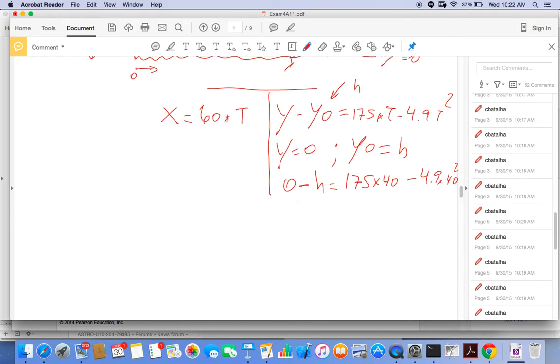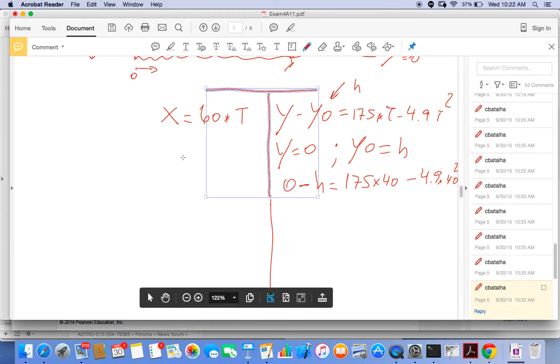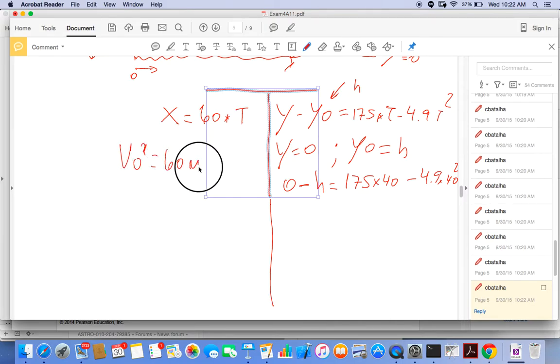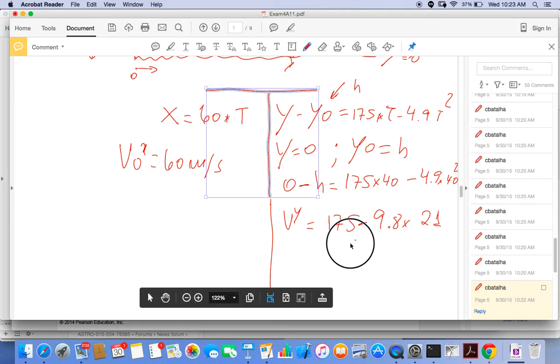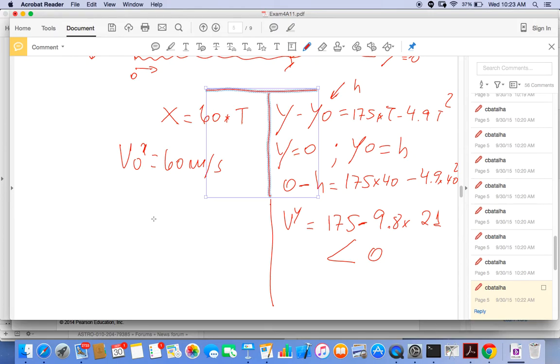To find the velocity at time 21 seconds, the velocity in x doesn't change. It's always 60 meters per second. The velocity in y you can calculate. Velocity in y is the initial velocity in y minus 9.8 times the 21 seconds. I can tell this Vy is going to be negative, less than 0, which means the projectile was already going down at the moment.